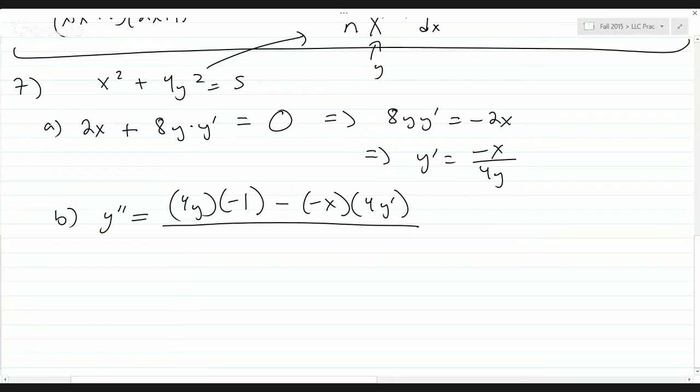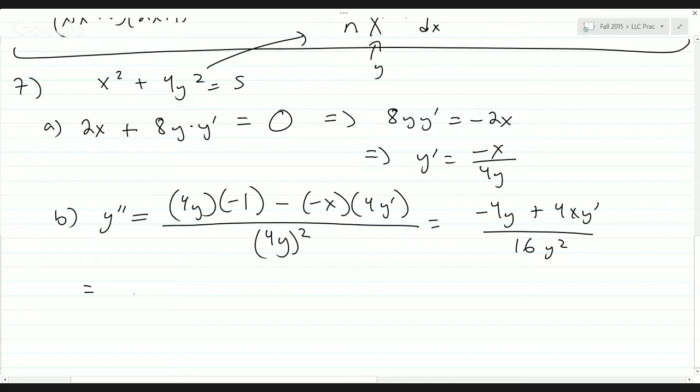And all of that is over low squared, which is 16. But right now we'll just leave it like this. 4y squared. This is equal to minus 4y plus 4xy prime all over 16y squared.